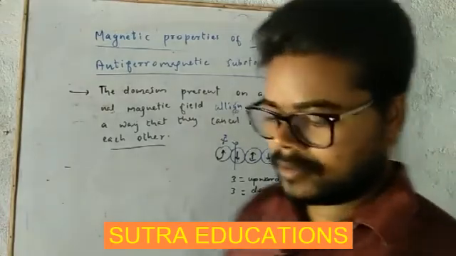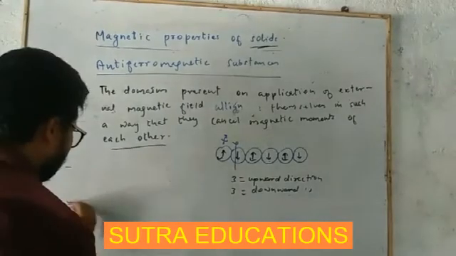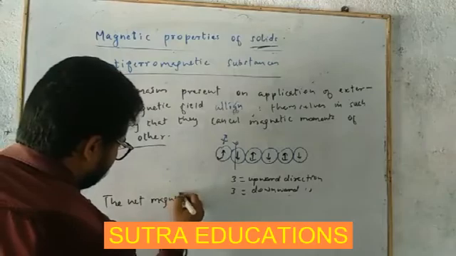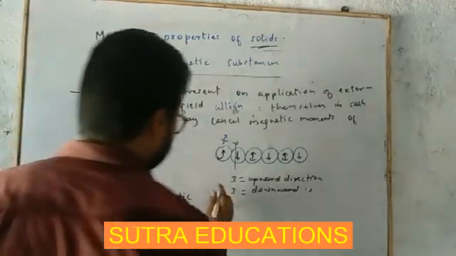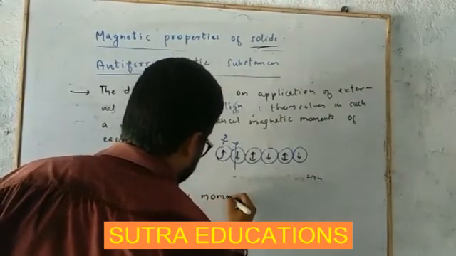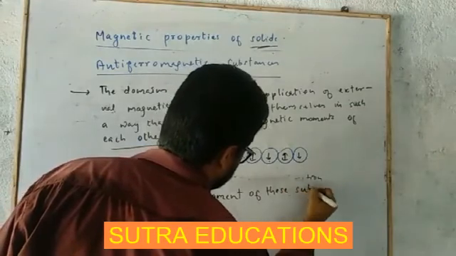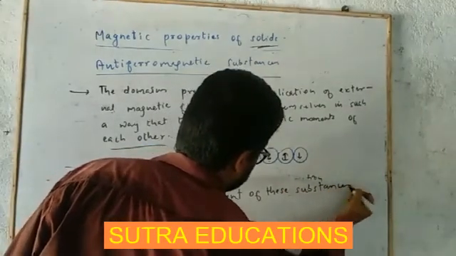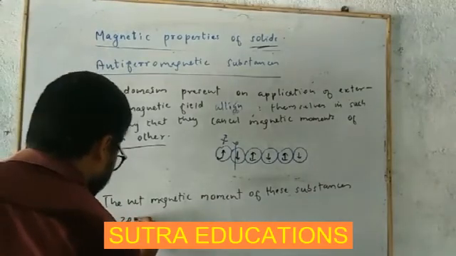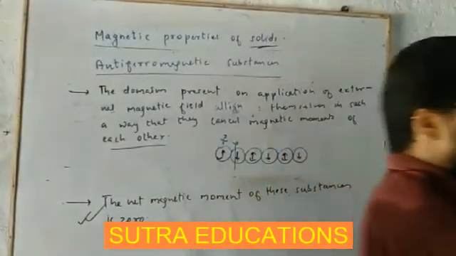To conclude, the net magnetic moment of these substances is 0. This is very important.